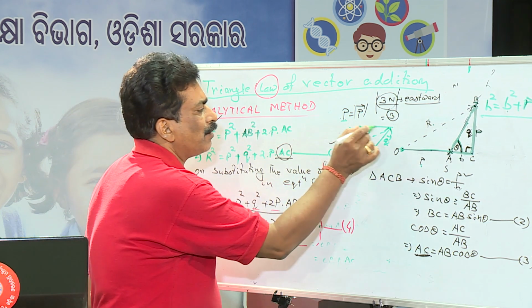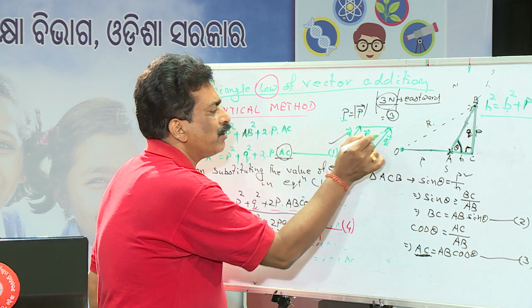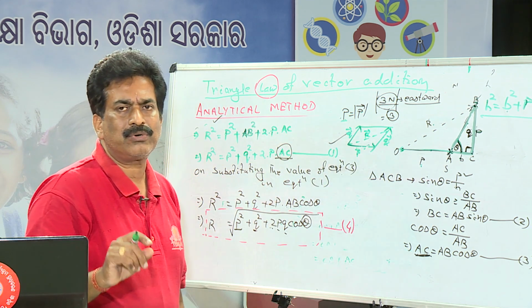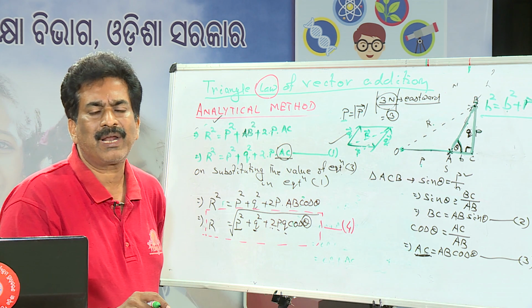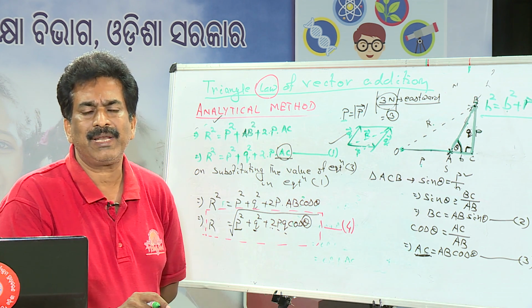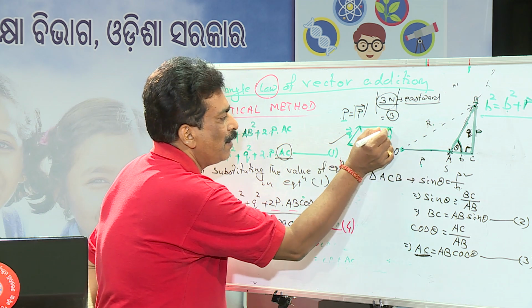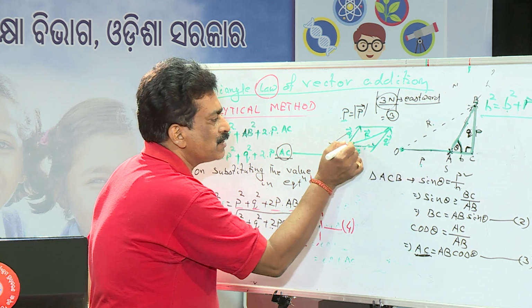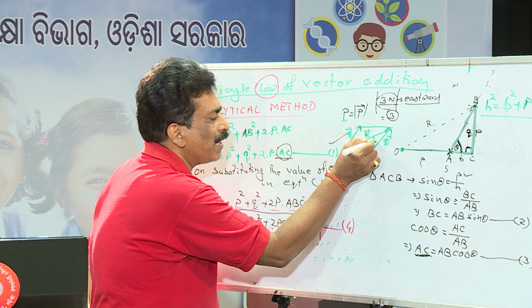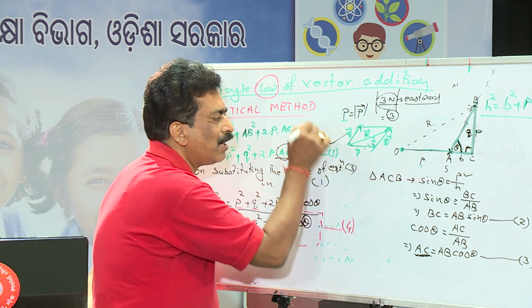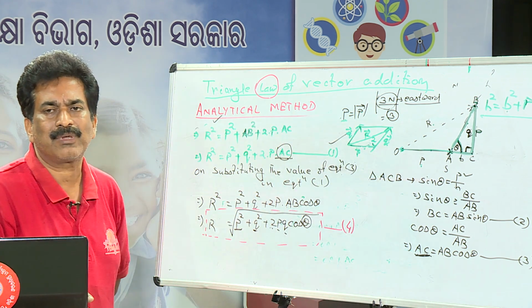So for the parallelogram, you will take the two triangles. You know that the area of the parallelogram is 2 times the area of the triangle. Means the area of the triangle, if it is multiplied by 2, will give you the whole area of the parallelogram.